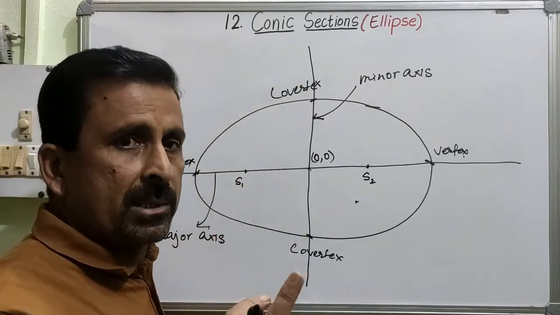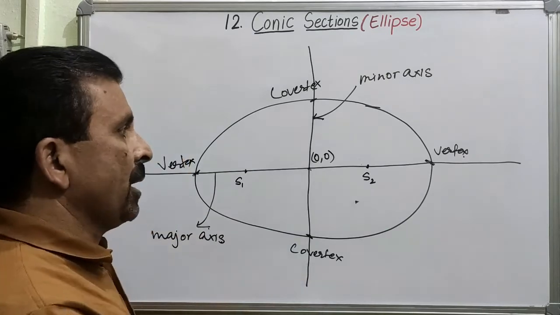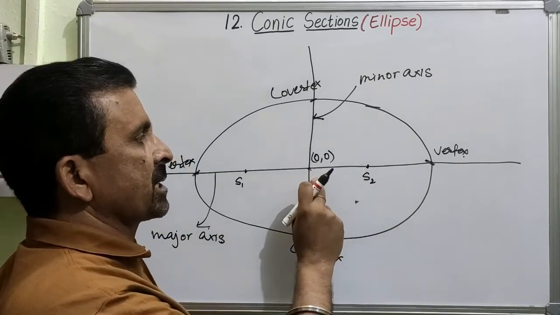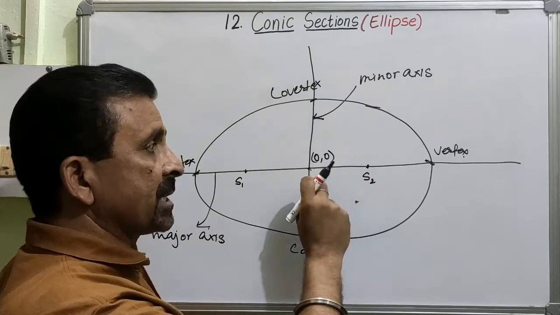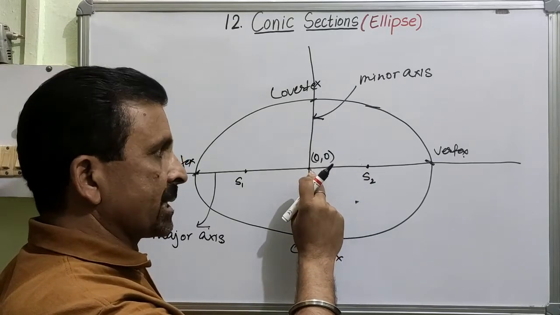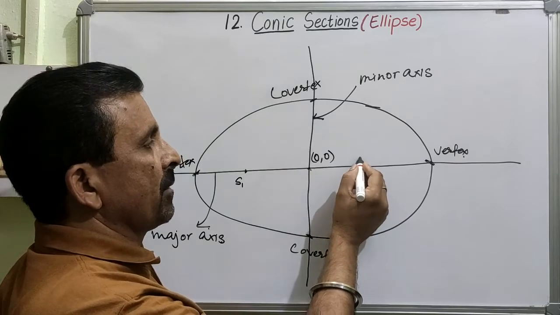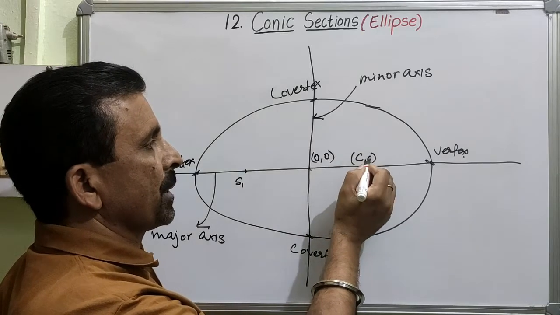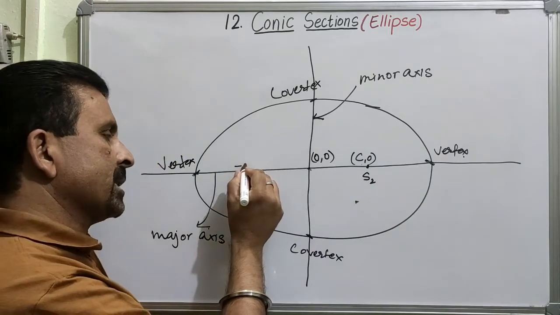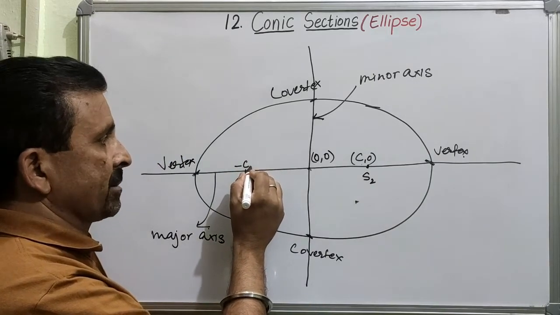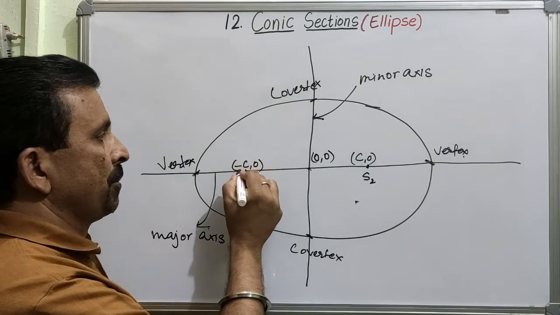That is why I am not mentioning the sign. Now, since this S2 is at a distance of C from the center, the coordinate of this point will become C, 0, and the coordinate of this point, now this time we are writing the coordinate, so we have to write the negative sign, so negative C and 0.